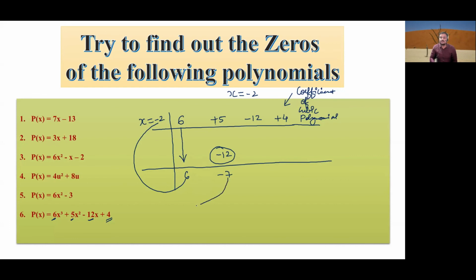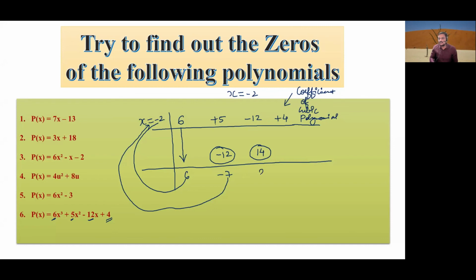After that, I will multiply this -7 with this -2. So what is the answer that I will write below this -12? -7 into -2 is +14. Yes or no? Okay. So what is the net effect of -12 and +14?